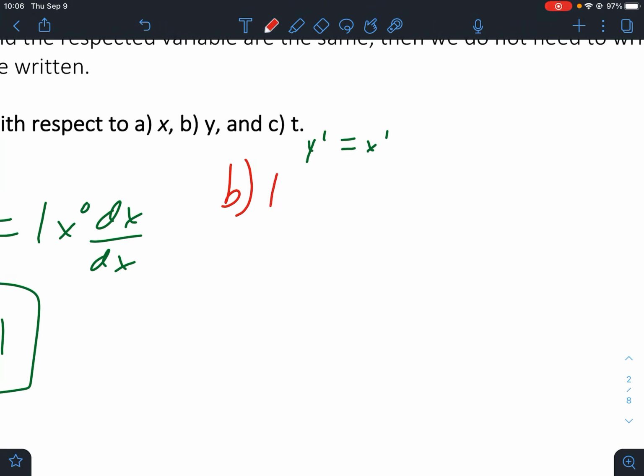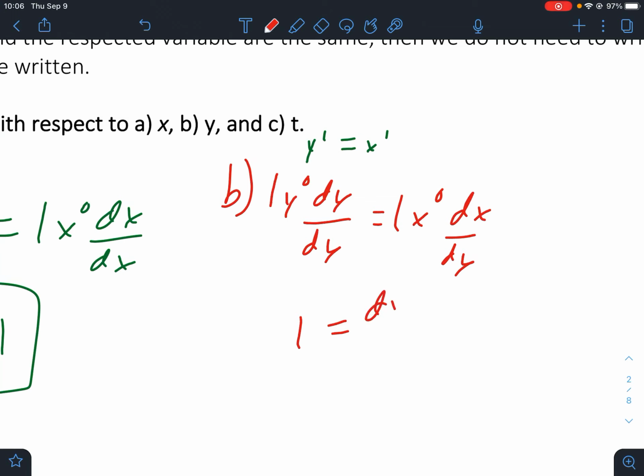So we have 1 y to the 0 dy, but this time we're respecting y, so dy, equals 1x to the 0 dx, but this time we're respecting y, so dy. So now we have 1 times 1 times 1, which is just 1, equals 1 times 1 times dx dy, which is dx dy. So this time we have dx dy equals 1.